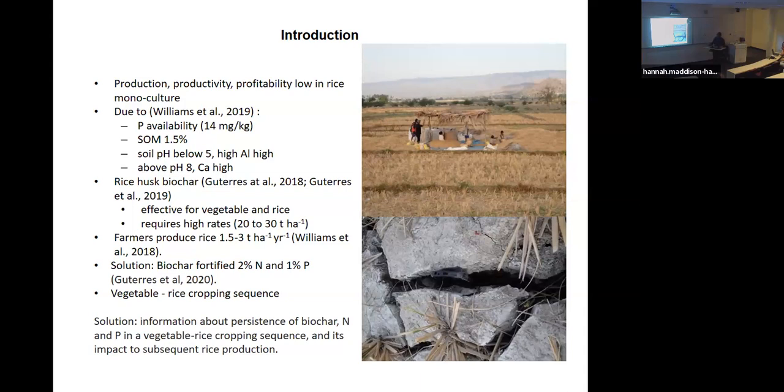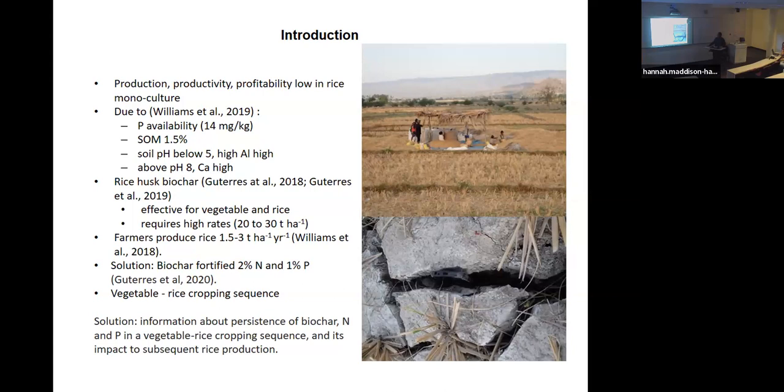As you see in the slide, P availability is only 14% or less, and soil organic matter is only 1.5%. The soil is categorized as acid soil, with a low pH between 5 and 3 sometimes, or even lower. In some areas, the soil is alkaline with a pH of more than 8.